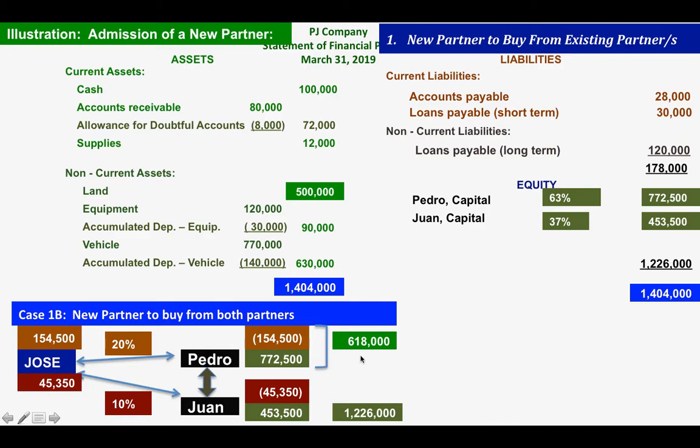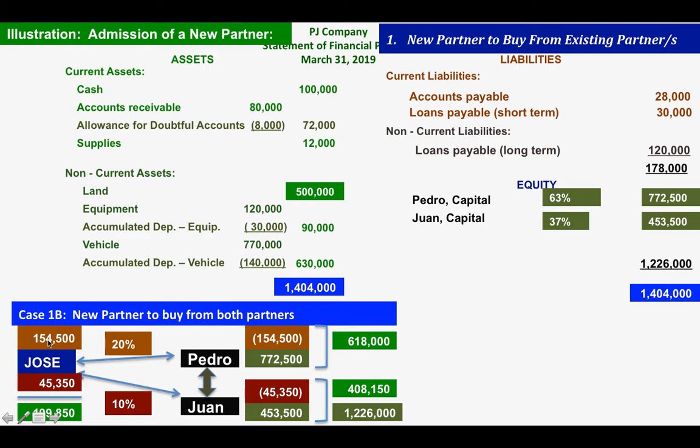So here, Pedro's capital balance after selling to Jose will be 618,000, and Juan's balance after selling to Jose will be 408,150, and Jose will have 199,850. This is the total amount purchased from Pedro and Juan.